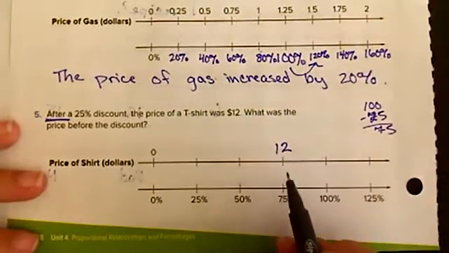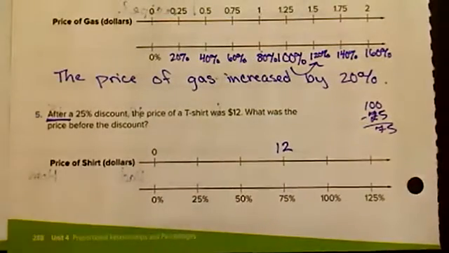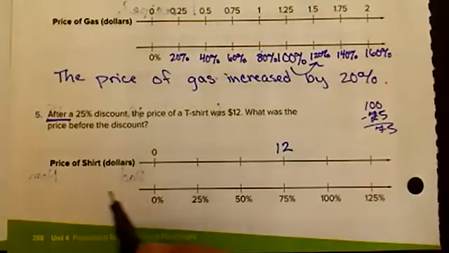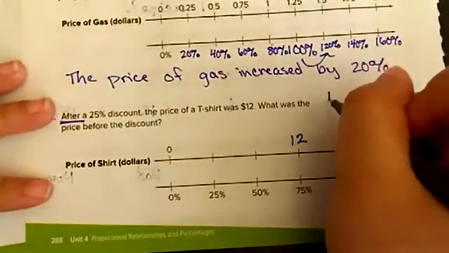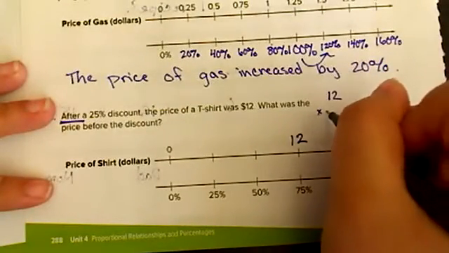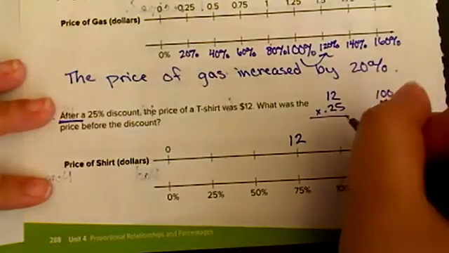Now we've got to figure out where the other numbers are on the line. What was the price of the shirt before the discount? Well, we're going to have to multiply 12 by 25%. So 12 times 0.25. 5 times 2 is 10.